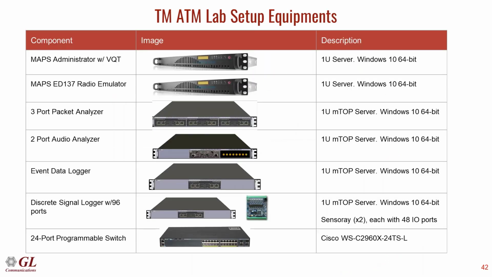Okay, our lab environment essentially is similar to our field environment, except that all of the equipment is available in a rack system in the convenience of your lab. And here we provide our ED137 emulators, telephone, radio, GRS, all in an appliance.